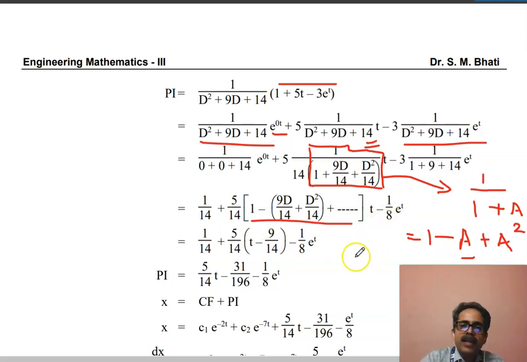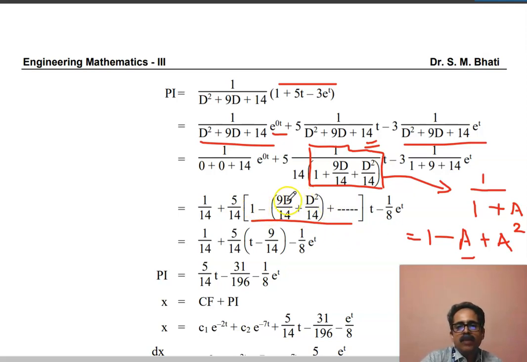and you can see that D of t is 1 and D square of t became 0. D stands for derivative with respect to t. So D of t became 1 and D square of t became 0. That means you can neglect the terms which contain D square, D cube, and so on. That means only 2 terms we have to consider.